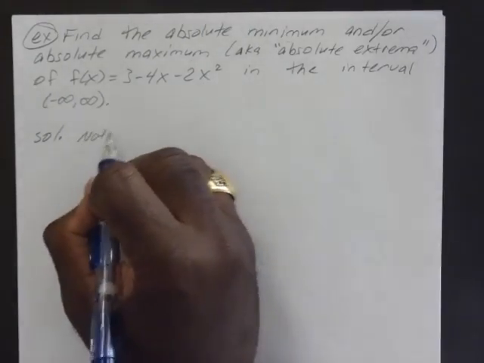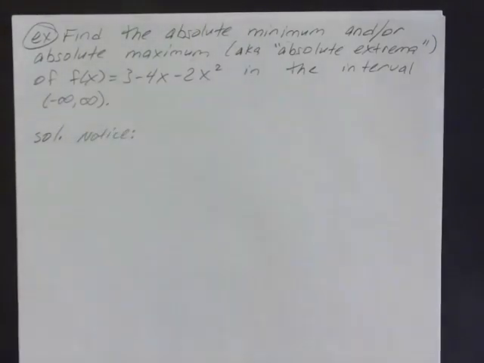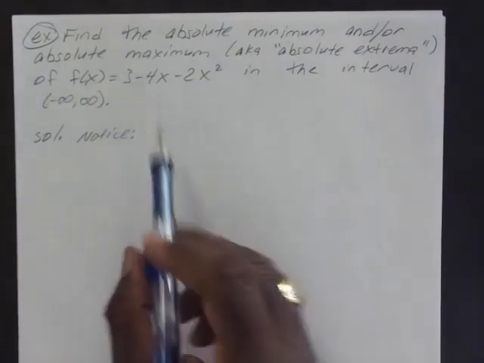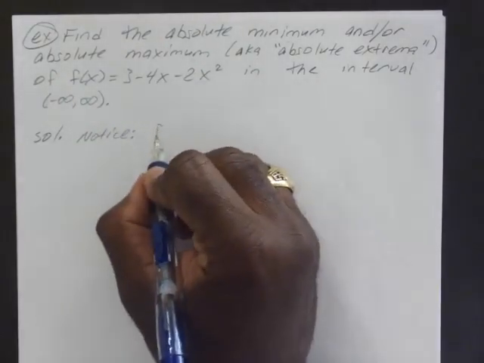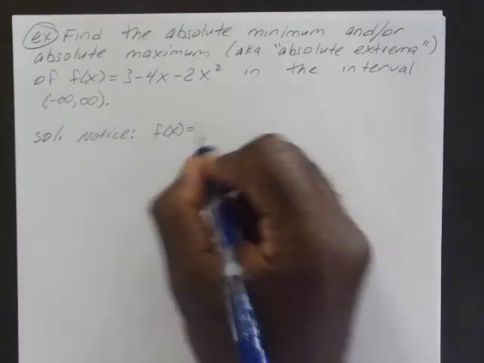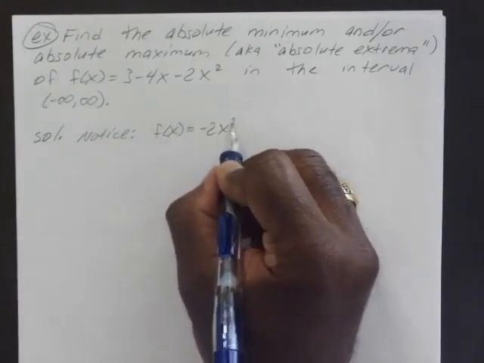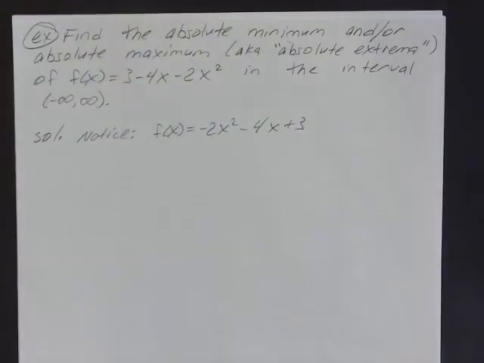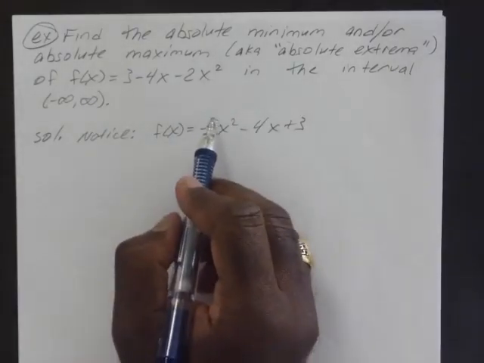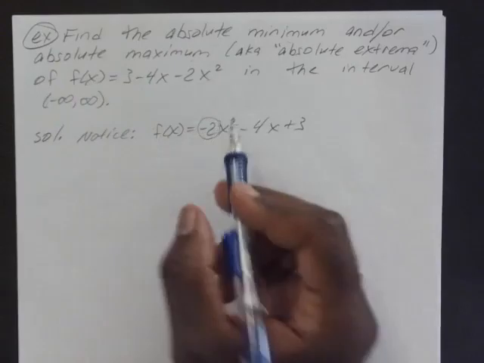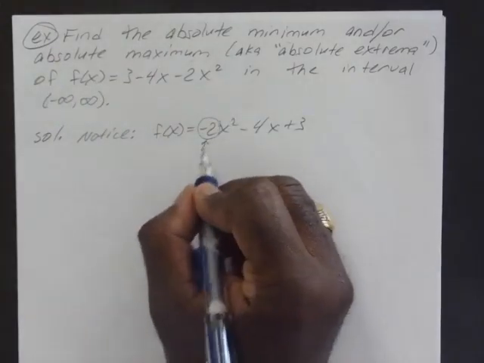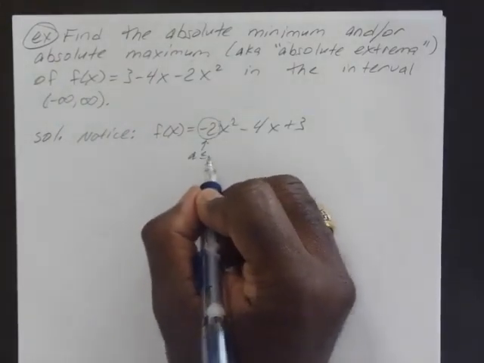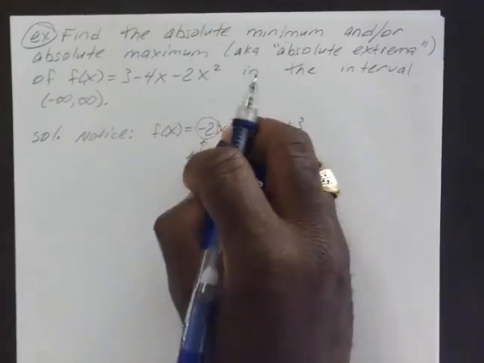But if you don't have your calculator, if you just rearrange these, so f of x is equal to negative 2x squared minus 4x plus 3, your leading coefficient is negative. Not equal to, just less than 0.